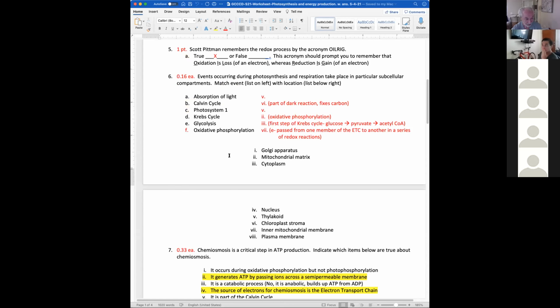Photosystem 1 is also 5, thylakoid. Krebs cycle is 2, mitochondrial matrix. Glycolysis is 3 in the cytoplasm. And oxidative phosphorylation is 7, the inner mitochondrial membrane.